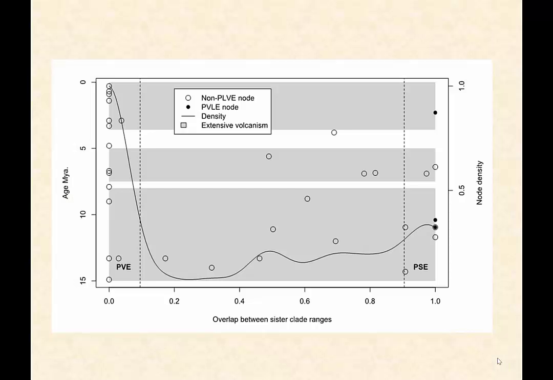I'm just going to plow on because I think we might finish. So when we plot this out, this is age and this is overlap. These are potentially vicariant splits. These are in the same place, and we can see that we get lots of disjunct ranges, basically with no overlap, indicating that being split by some kind of barrier is likely to be an important mode of speciation all the way through time.